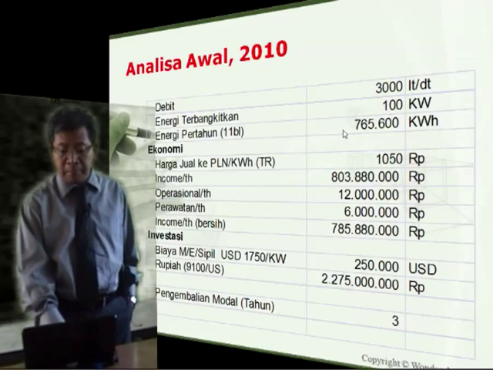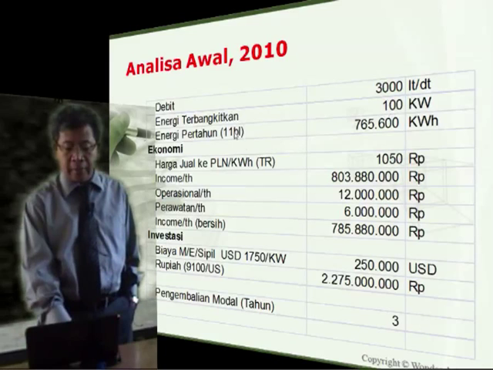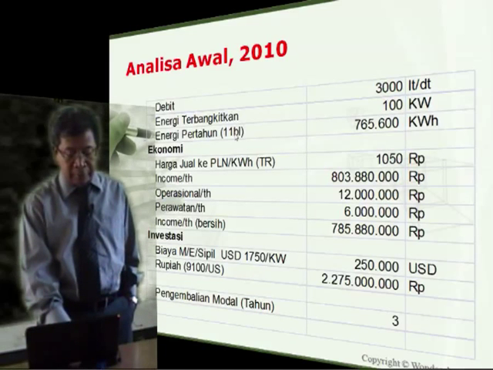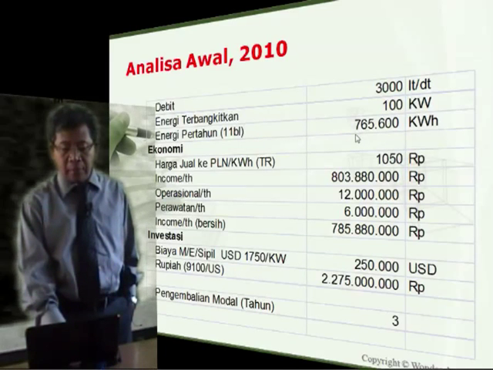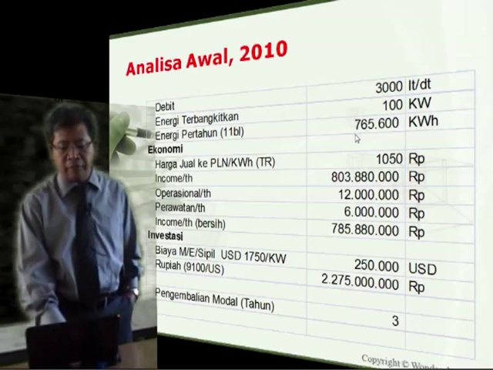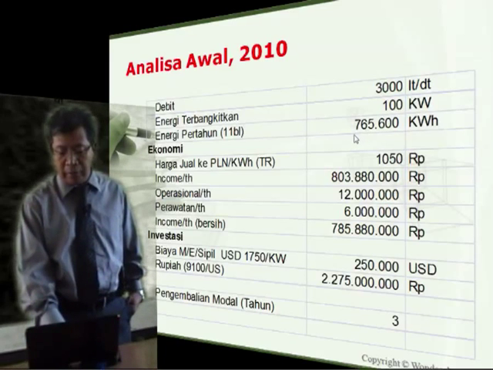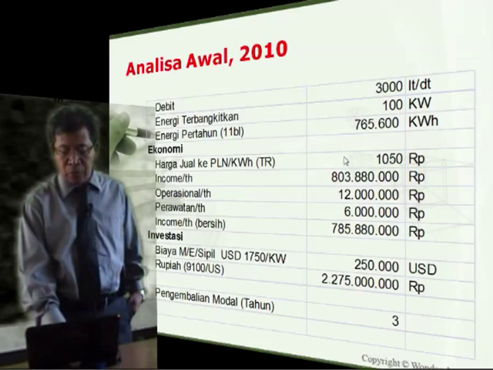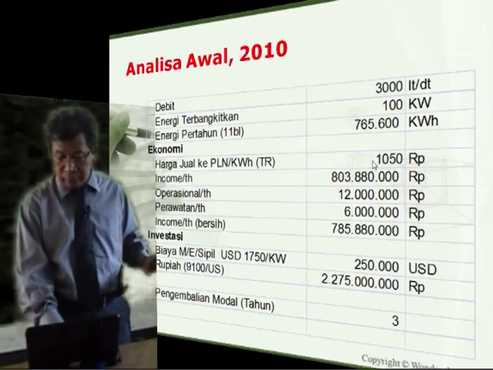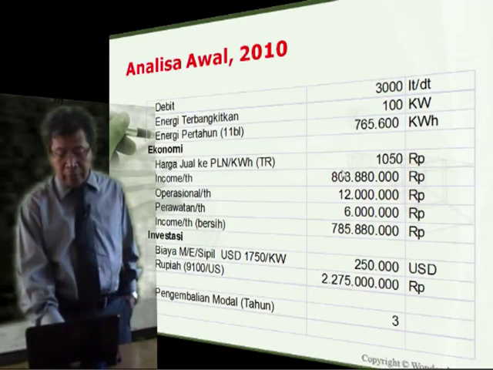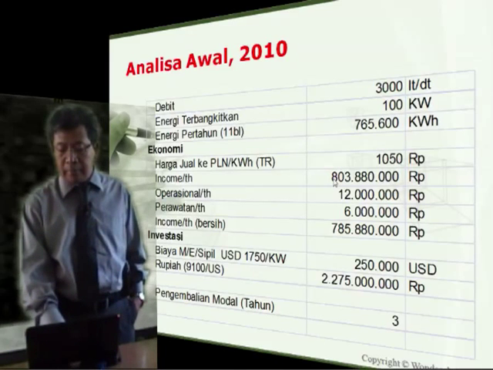The energy per year, 1 year is 11 months, we have almost 765,000 kilowatt hours. If you sell to PLN, you get per kilowatt hour circa 1,050 rupiah, and then your income per year is about 800 million.